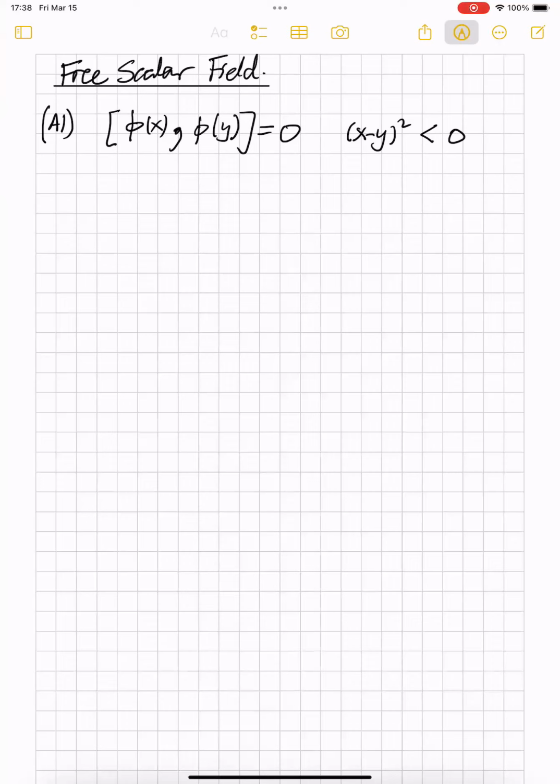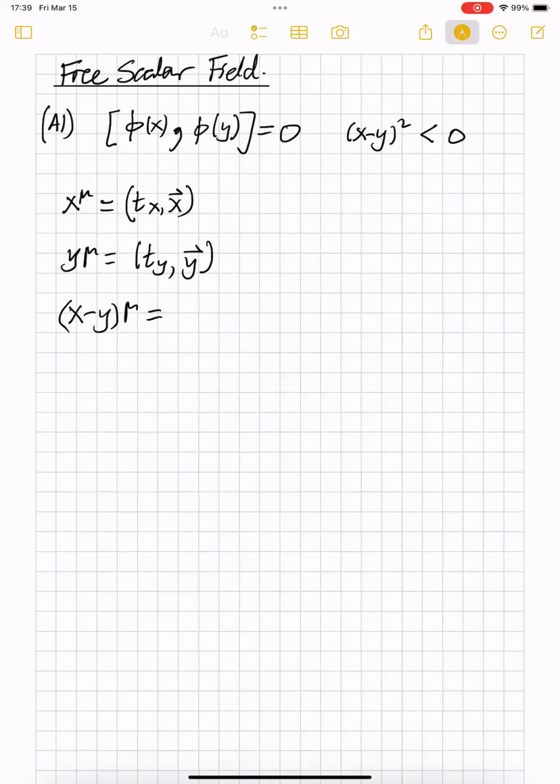Now let's talk about what we've done here and why. Well, x here is actually x^μ. It's a point in space-time, so it's some time and it's some position. y is also a point in space-time. It's some different time and some different position. So if we calculate x minus y, well, this 4-vector is given by t_x minus t_y and x minus y.